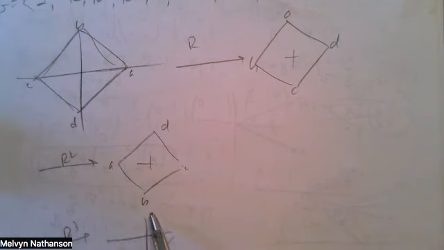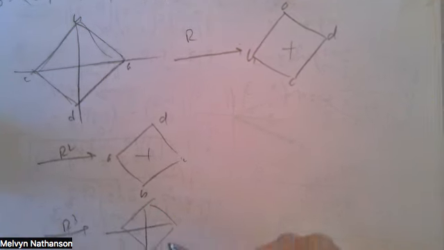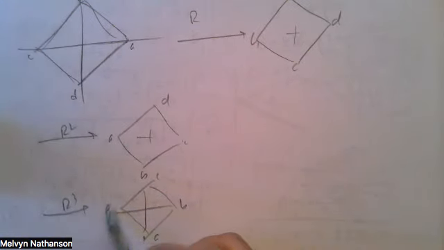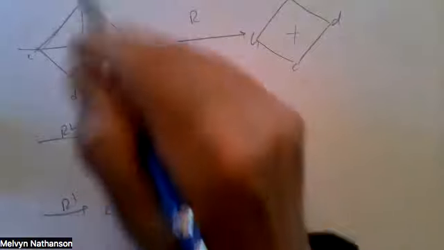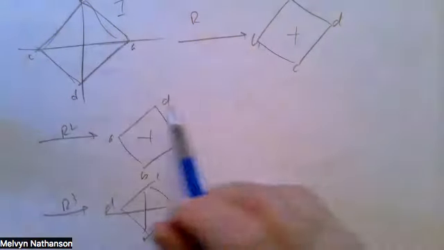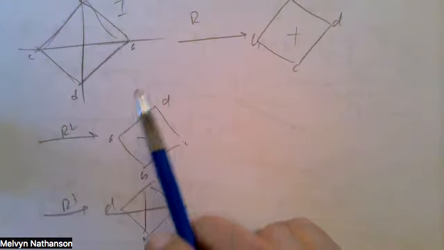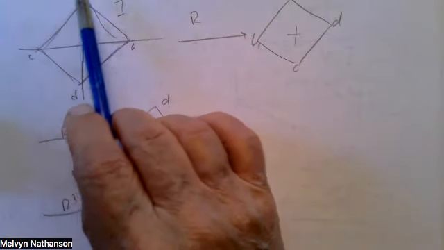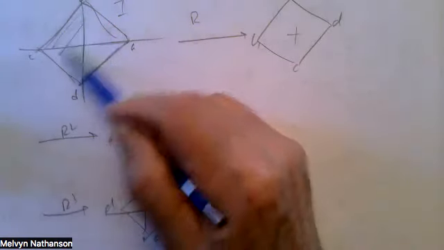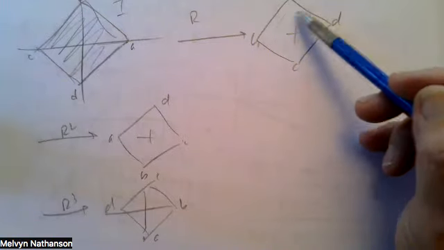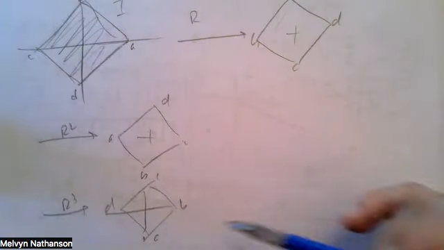So here is my A. And of course, if I don't rotate it at all, if I just apply the identity, it doesn't change the square. So applying r squared and r cubed to this square, I get this, this, or this.